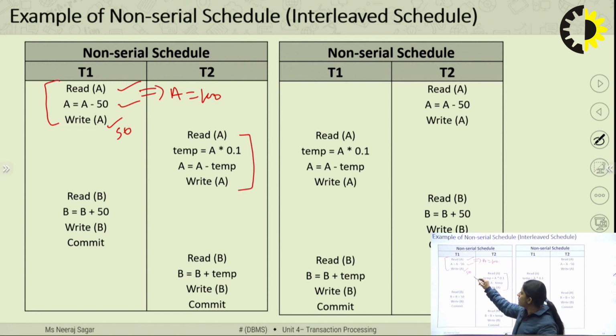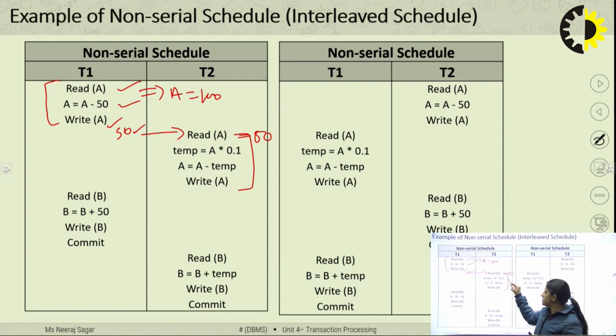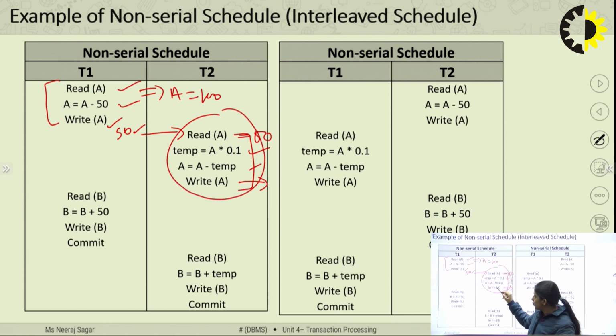Here, whatever value of A is written, T2 reads this value, that is, read A means 50. After that, it performs this operation, and whatever value we get, write A is written here. After performing this part of transaction T2, we again start the part of transaction T1.